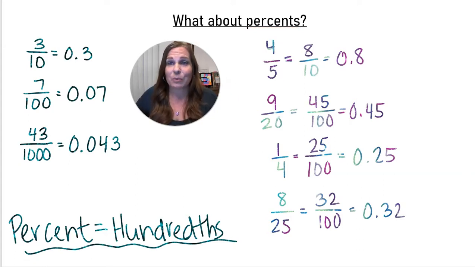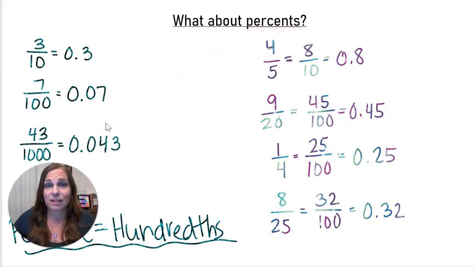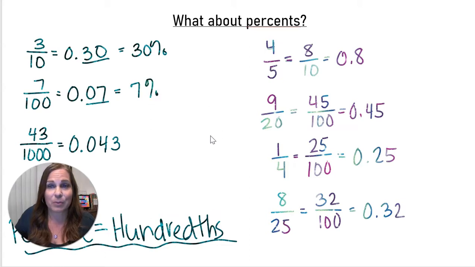So if I can rewrite the decimal with hundredths, then I have the percent done. So for this decimal, 0.3, I can add a 0 on the end to give me a number that goes to the hundredths place, and then this is equal to 30%. Here, my decimal already goes to the hundredths place. It's 7 hundredths, or 7%.